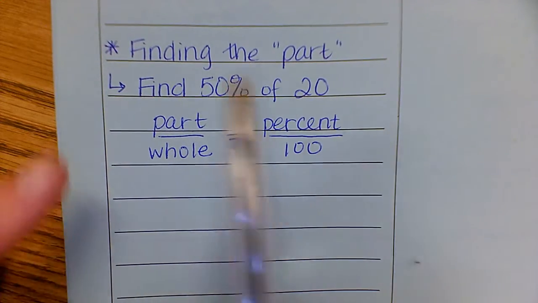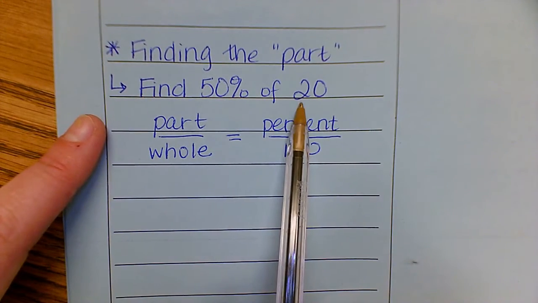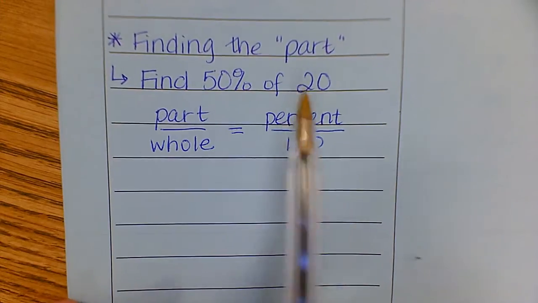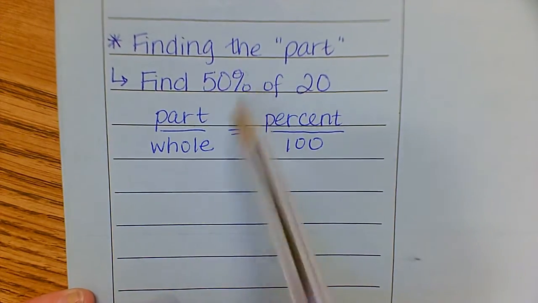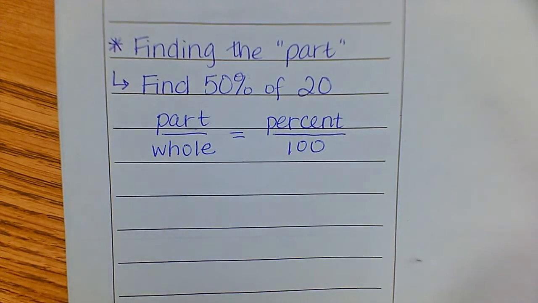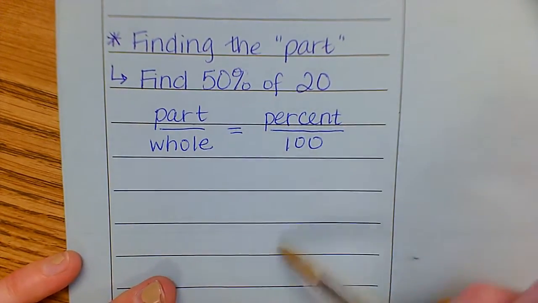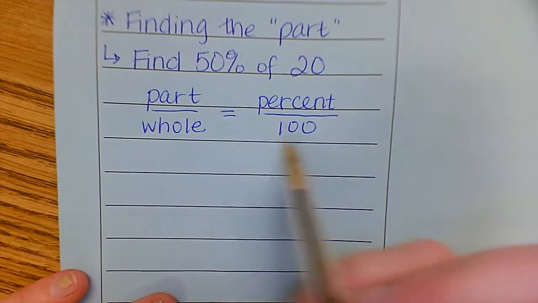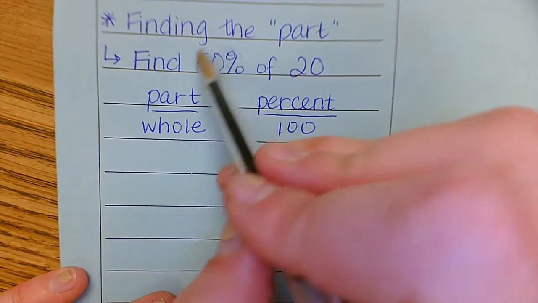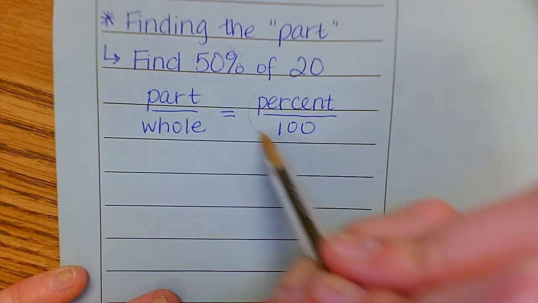So in this particular problem, we want to find 50% of 20. When we have a percent, that's the easiest of the proportions to set up. It doesn't have to be in this order, but for consistency's sake, let's keep it like this for now. If I do the 50%, that's this fraction right here.